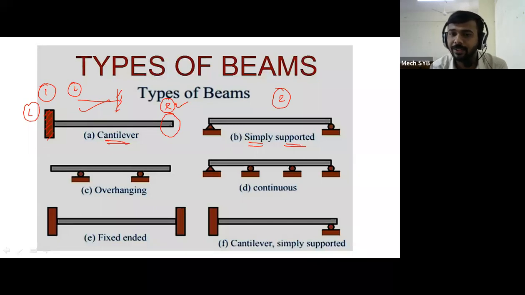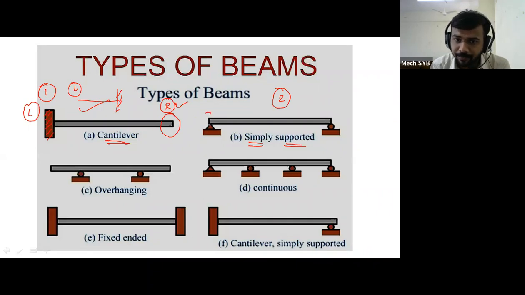Or the second definition: the beam which is supported at two ends is called a simply supported beam. I will explain the meaning of the first: the beam which is just resting on its support.